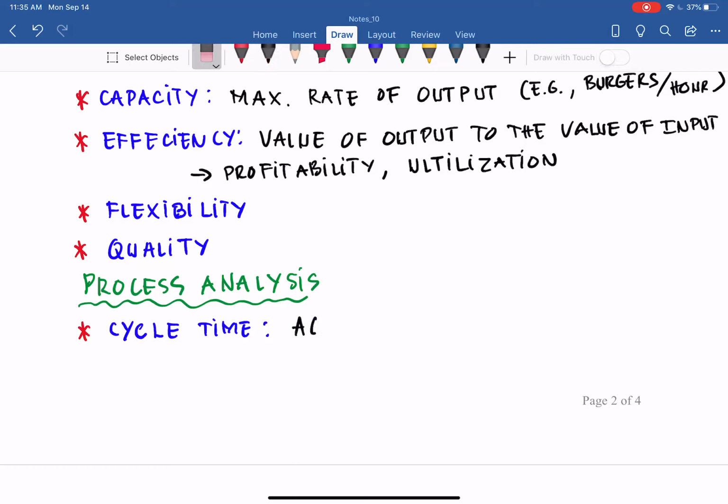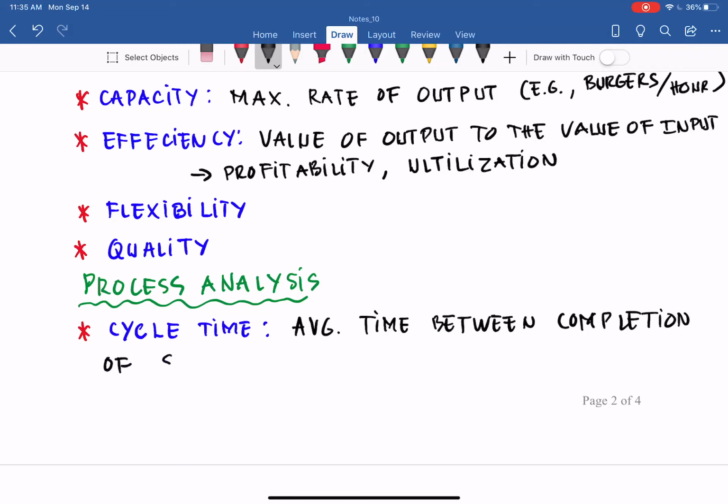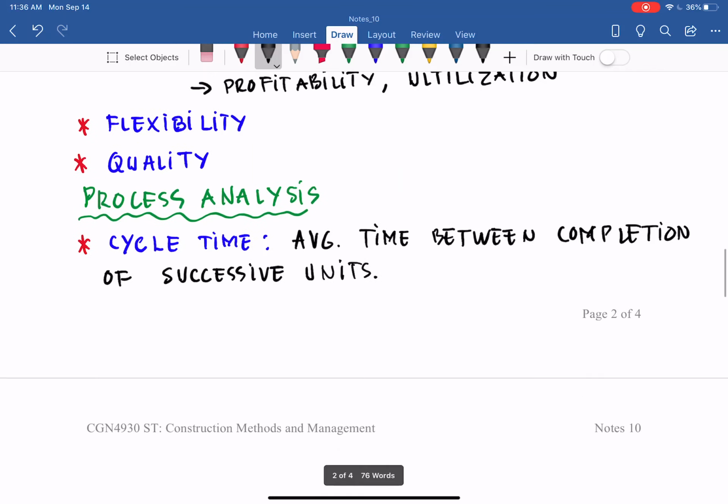between completion of successive units, and that is cycle time.